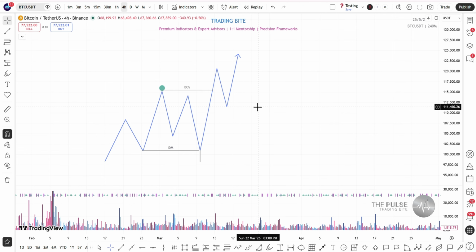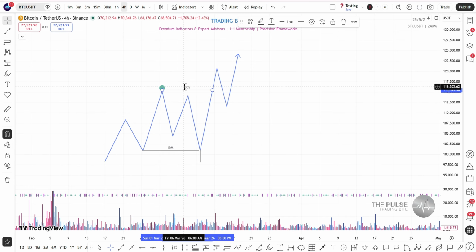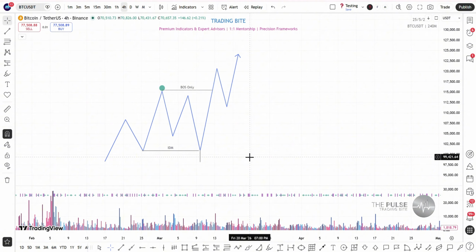Here you go. So now this is our only break of structure and a valid break of structure. Now let's continue from this one.